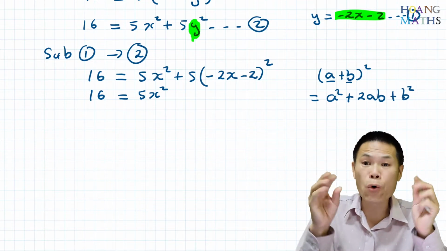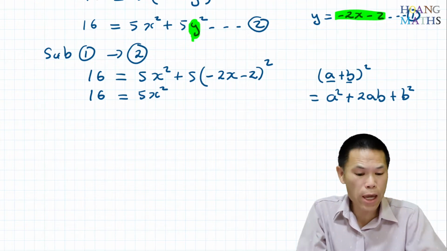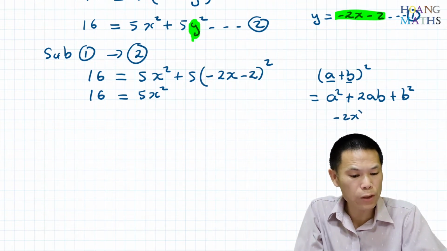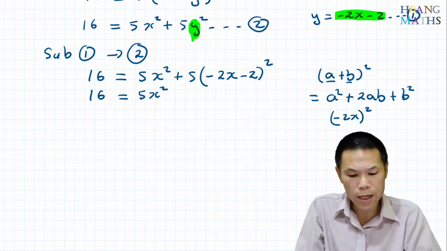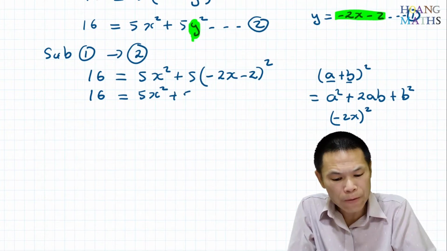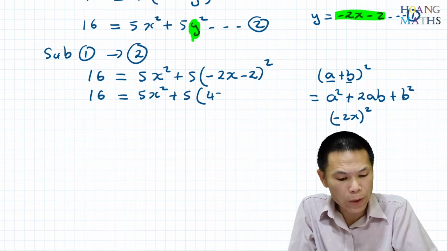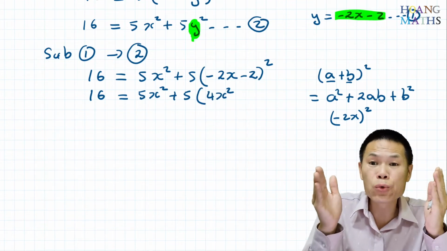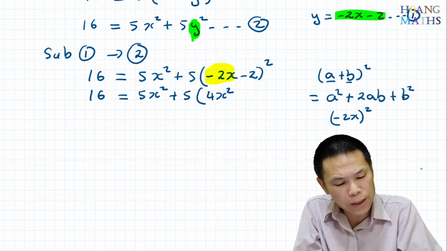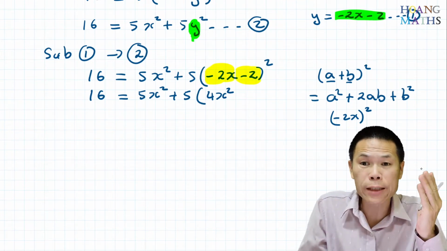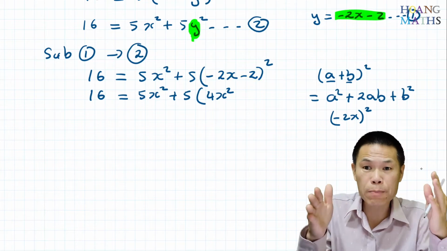So therefore, negative 2x squared: 2 squared is 4, x squared is x squared. So that means plus 5 and 4x squared. And then negative 2x times negative 2 will give me a positive. This times this gives me 4x, and I double it. So that gives me 8x, right?